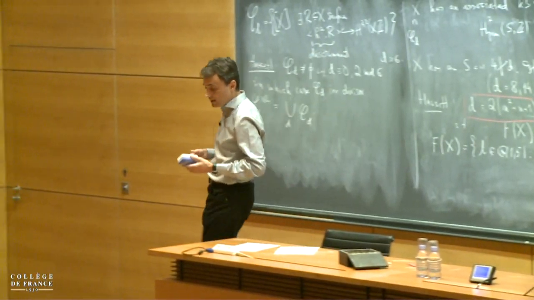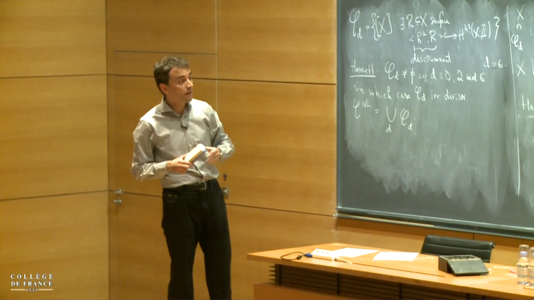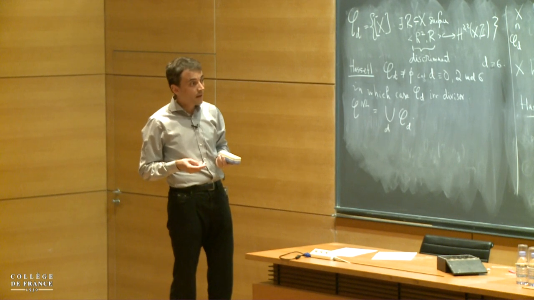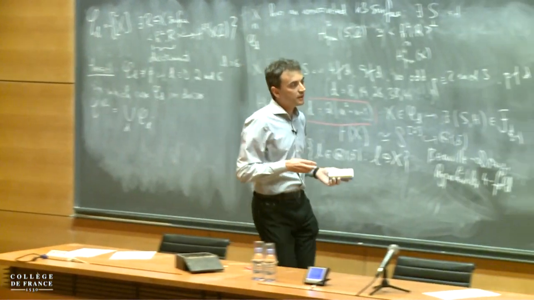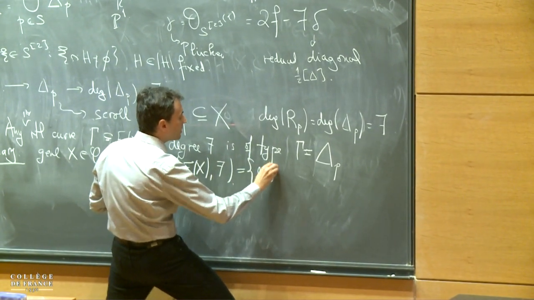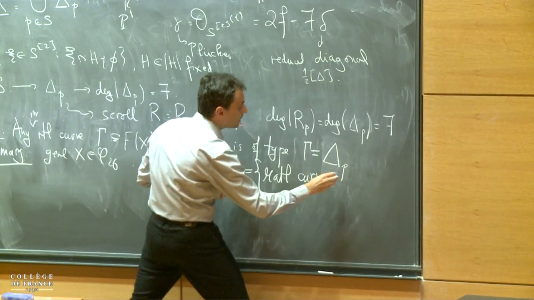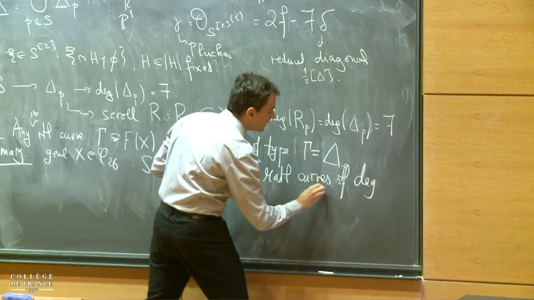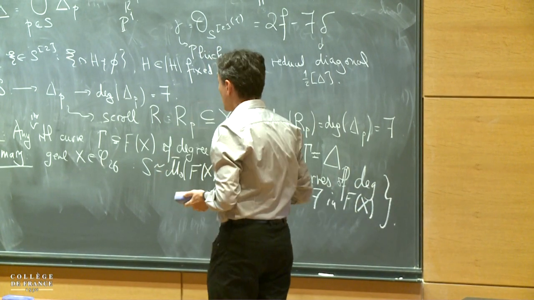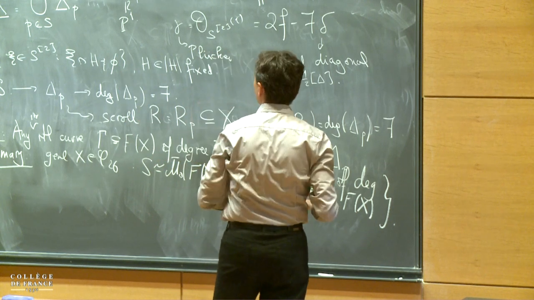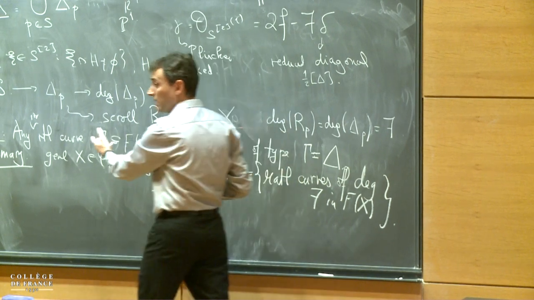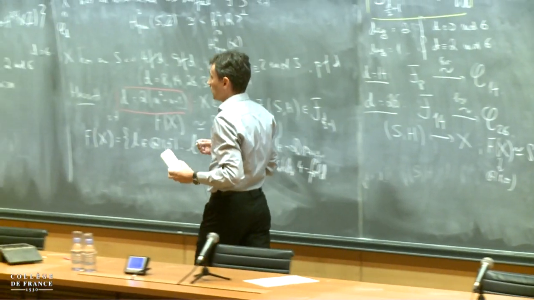Of course, it's not ideal, because the Hilbert scheme of scrolls is not very coherent. So these are rational curves of degree 7 in FX. So I described essentially one direction, and the second one is just a lattice calculation. These are the only types of scrolls of degree 7.